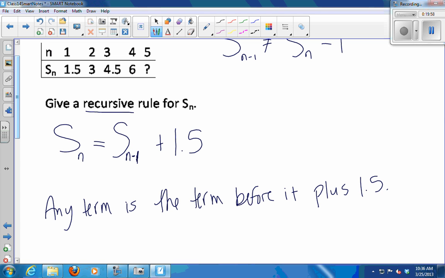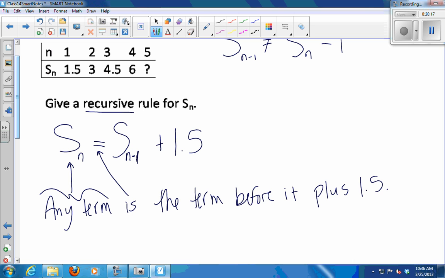Okay. So any term, we write S sub n. So n stands for any term. Is the term right before it? So is the equal sign, right?